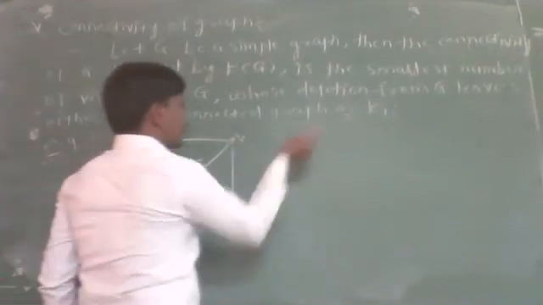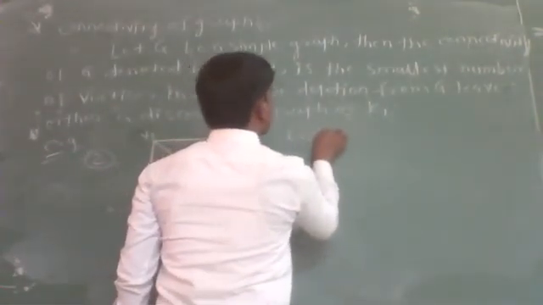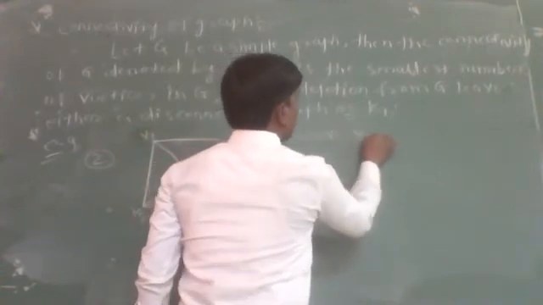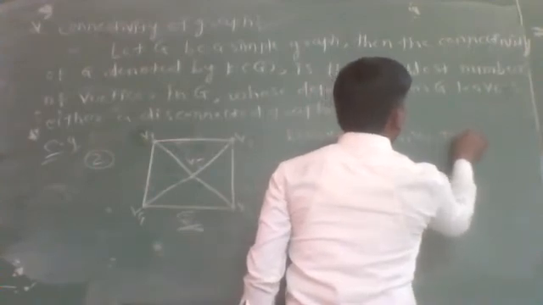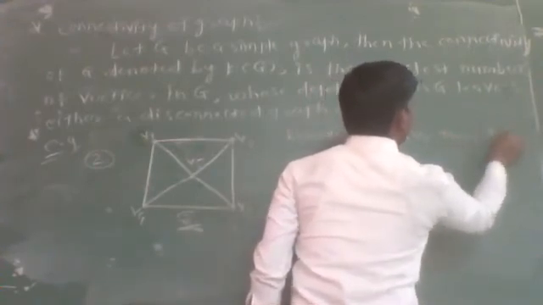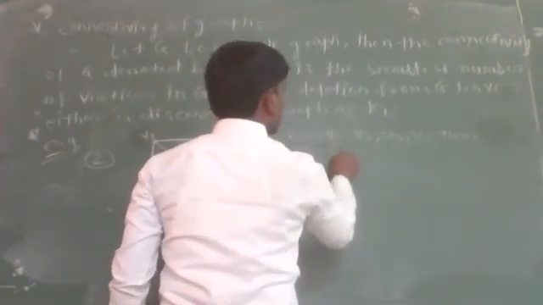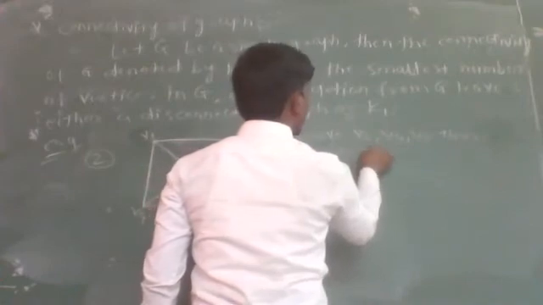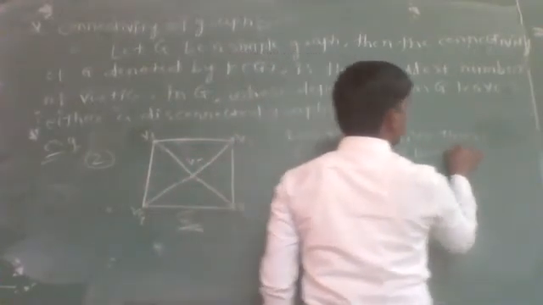So if we remove V2, V5 and V4, then G minus {V2, V4, V5} becomes disconnected.